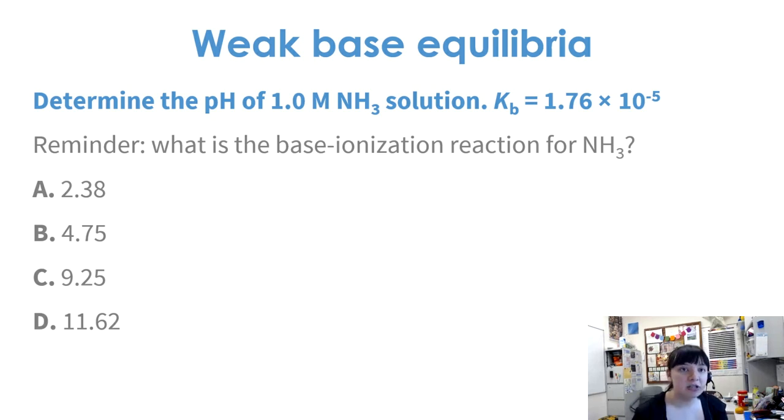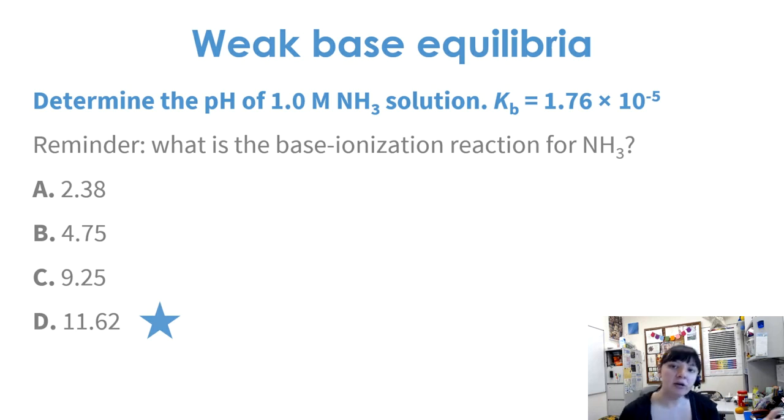For basic solutions, we should have a pH that is greater than 7. So right off the bat, I can narrow things down and say A and B probably don't make sense for this particular problem. And so my instinct initially is either C or D. In this case, with this 1 molar ammonia solution, it is in fact D as the answer, 11.62 as our pH.